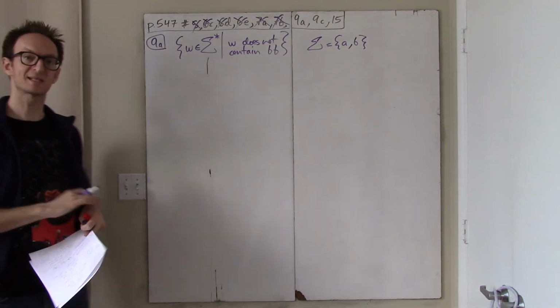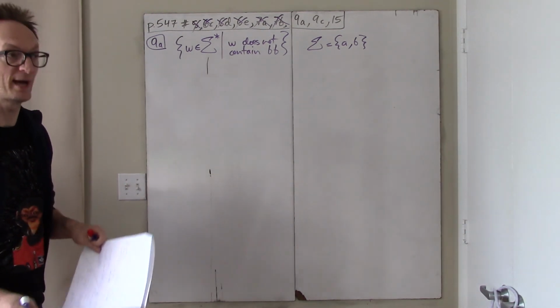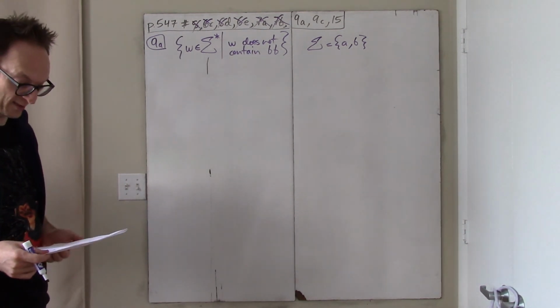Okay, so we can't let our grammar produce a string with two B's in a row.